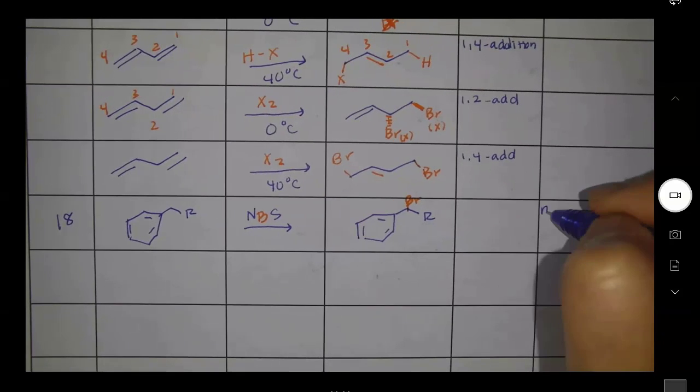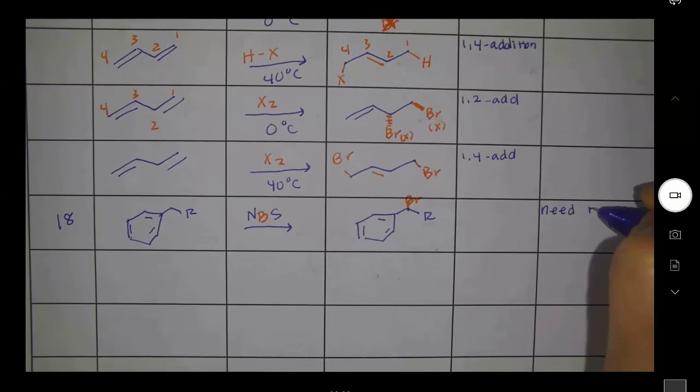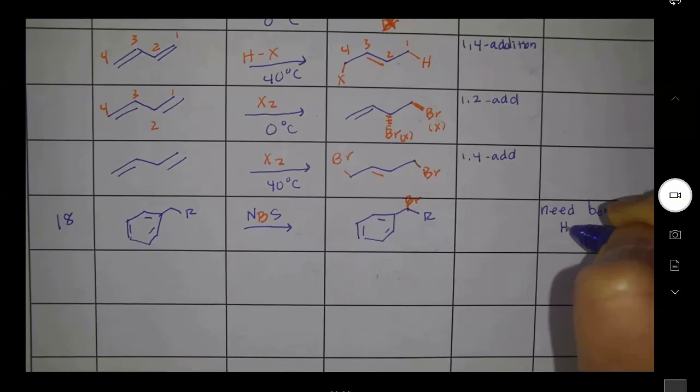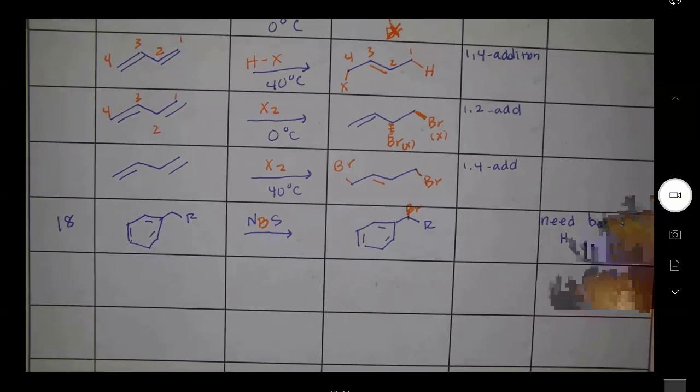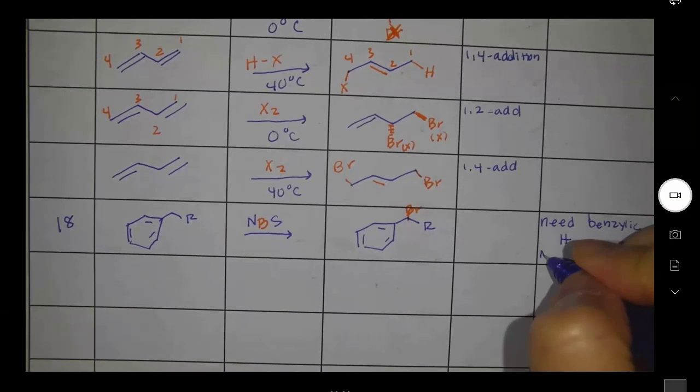And this one also you need a benzylic hydrogen. And that NBS is N-bromosuccinimide, in case you forgot.